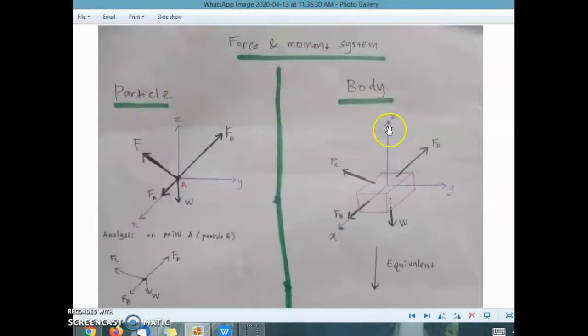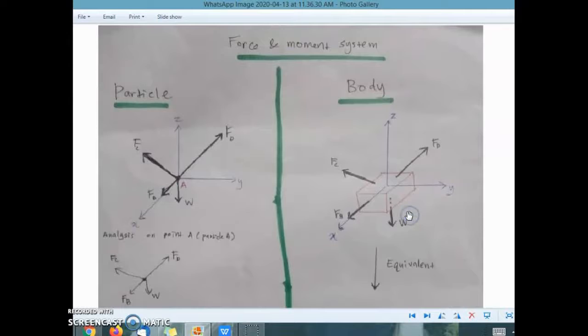But for now in chapter 3 we learn about body, not particle or point, but body. So the point here is replaced with one body like this. This body is subjected to multiple forces, just like this one, but this one is an object or body, or we call it a rigid body.